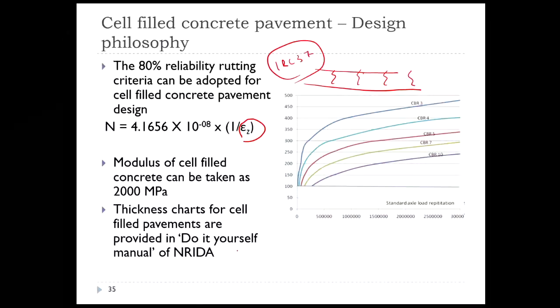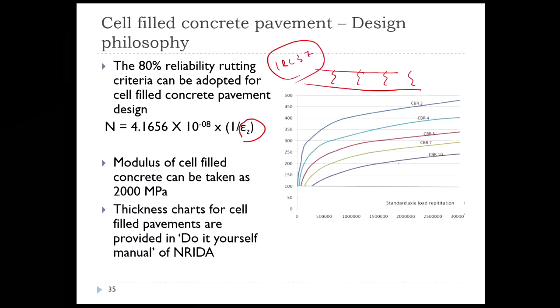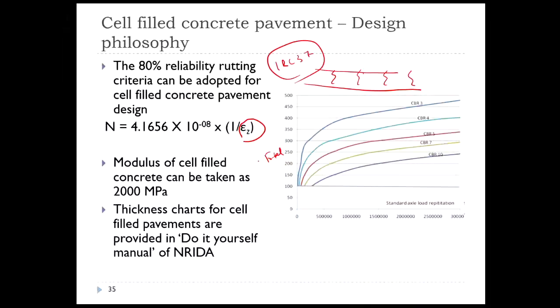There is a do-it-yourself manual given by NRIDA. In that you can find the total thickness requirement of all the layers, including the slab, including the granular layers.